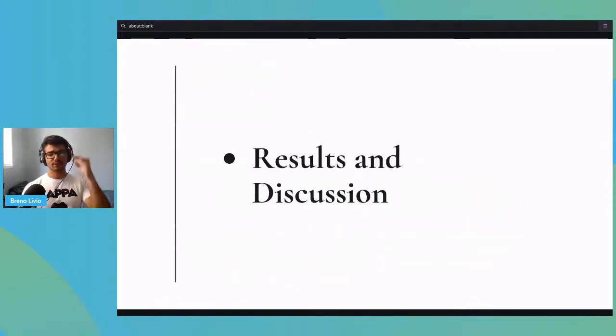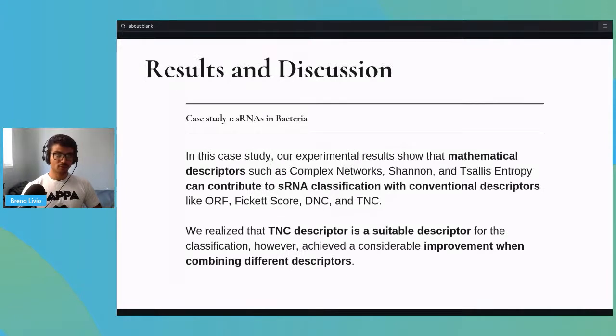So with our methodology and pipeline created, what were our results? For the first case study, our experimental results show that mathematical descriptors such as complex networks, Chaos Game, and Shannon entropy can contribute to classification with the conventional ones, like open reading frame, Fickett score, and dinucleotide and trinucleotide composition.